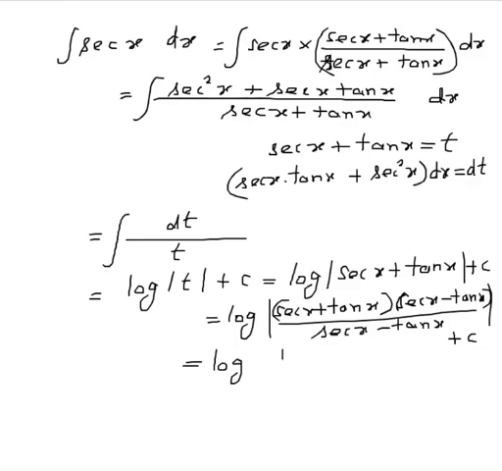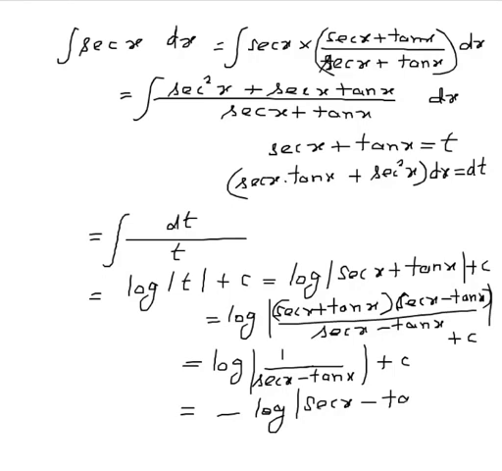We have an identity: secant square minus tan square becomes 1, divided by secant x minus tan x, which can be written as power minus 1, and use the logarithmic rule. It becomes minus log of secant x minus tan x under absolute value sign.